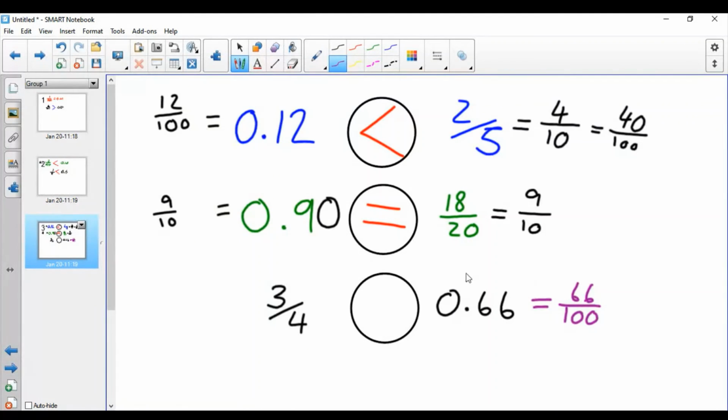Pretty sure it's also 2/3 as well. Can I turn 3/4 into hundredths? I think I could. How many times does 4 go into 100? 25, so times it by 25. And 3 times 25 is 75. Oh, 75 is bigger than 66. 3/4 is larger than 0.66.